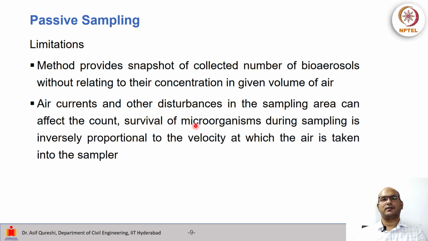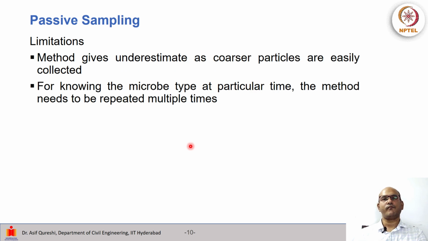And when we have air currents happening, we can have less survival of microorganisms if the velocity of the current is high. The method gives an underestimate because the coarser particles are easily collected and the smaller particles are not that easily collected. So basically we will have better representation of the coarser particles.